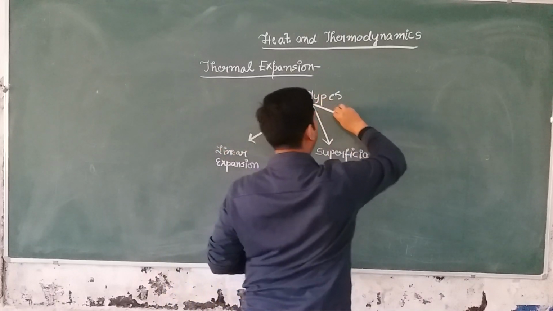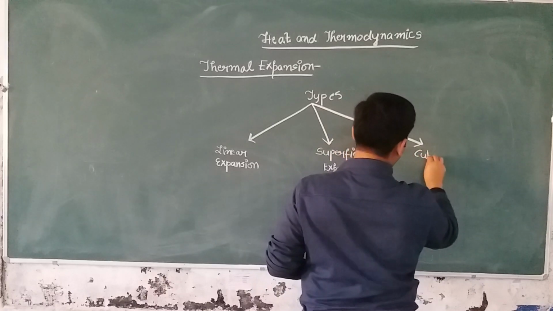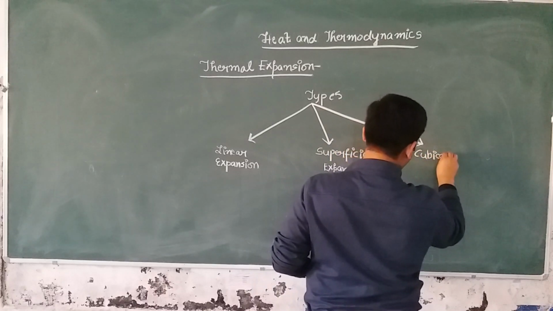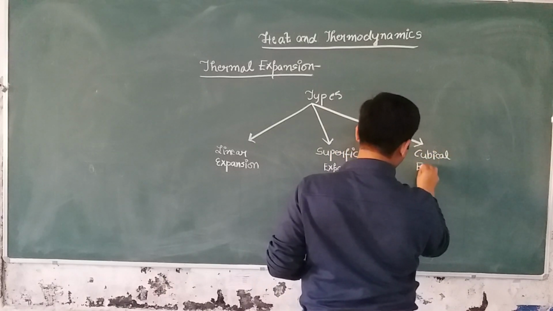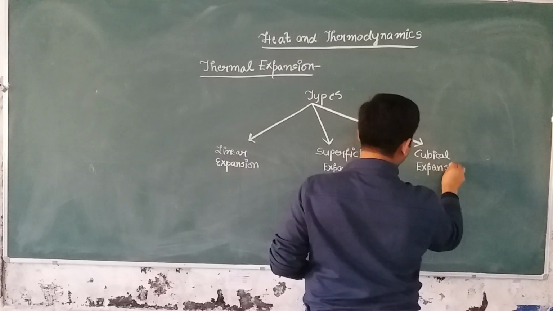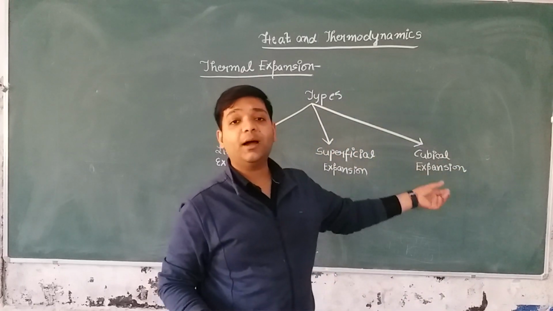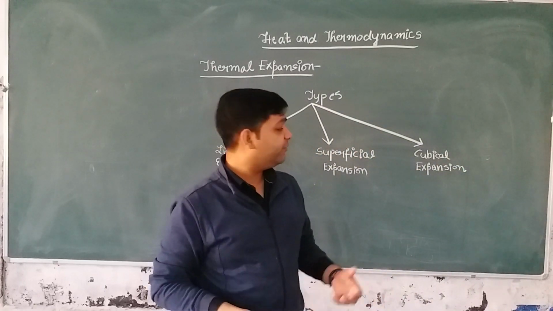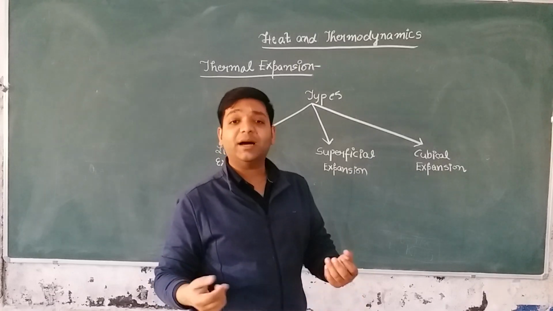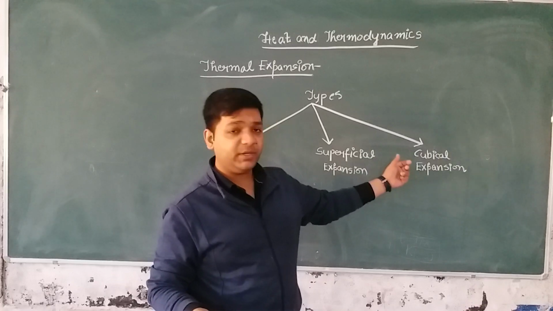And the third kind of thermal expansion we have is cubical expansion. So what is cubical expansion? Suppose we have a three-dimensional body which has some volume. It may be a sphere, a cube, a cuboid, or any body having three dimensions, right?